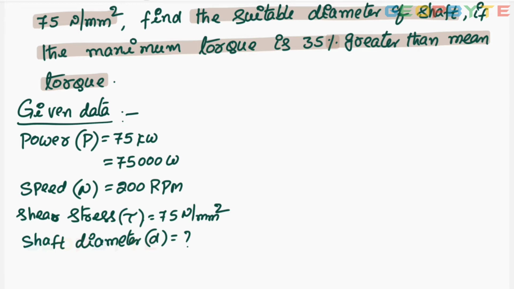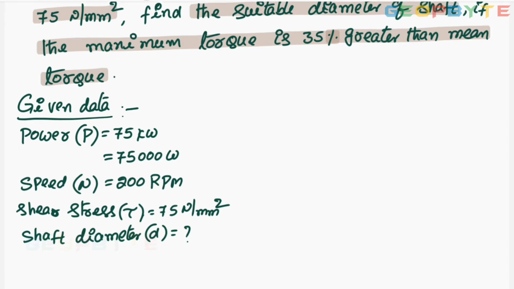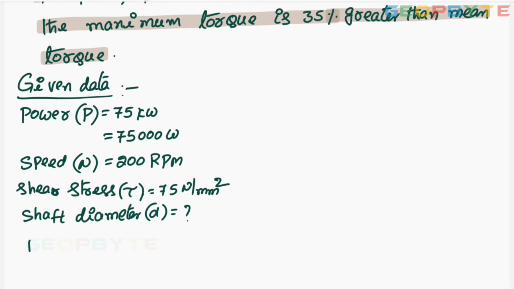I hope you got my point. If you have 100 rupees in your pocket and I have 35% more than you, then how much must be in my pocket? 100 plus 35% of 100, that is 135 rupees. So T max, the maximum torque, equals T mean plus 35% of T mean.